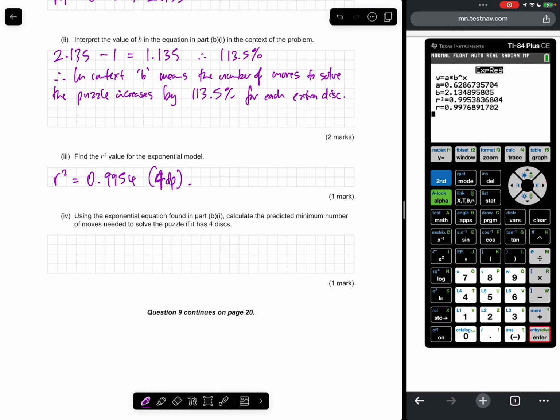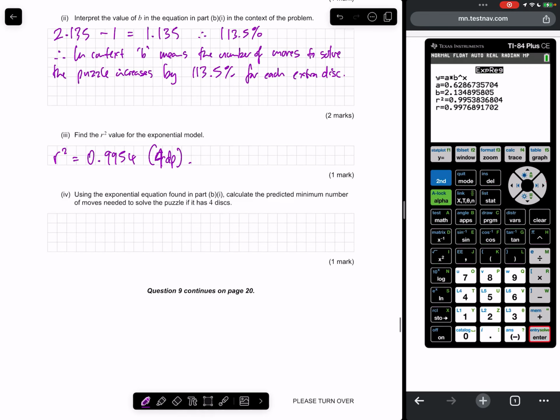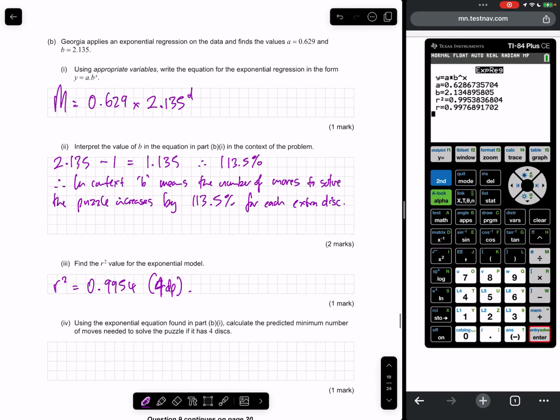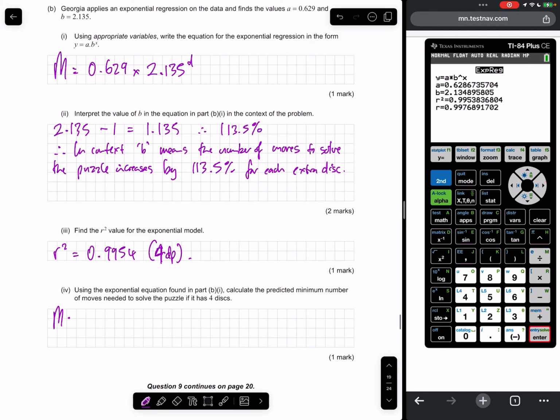Using the exponential equation found in part B1, find the predicted number of moves needed to solve the puzzle if it has 4 disks. Moves equals 0.629 times 2.135 to the power of 4.